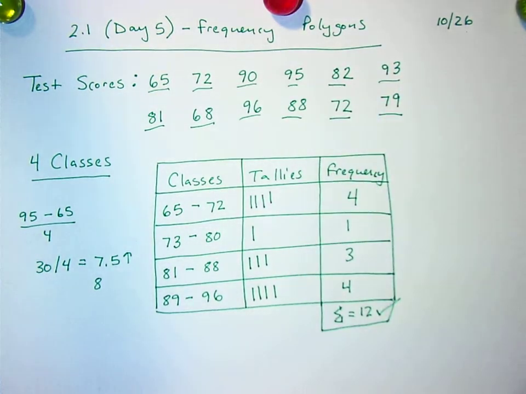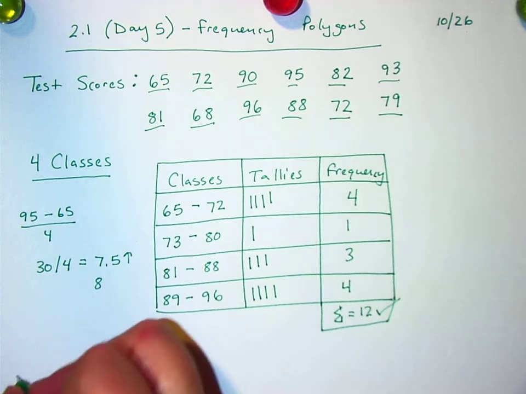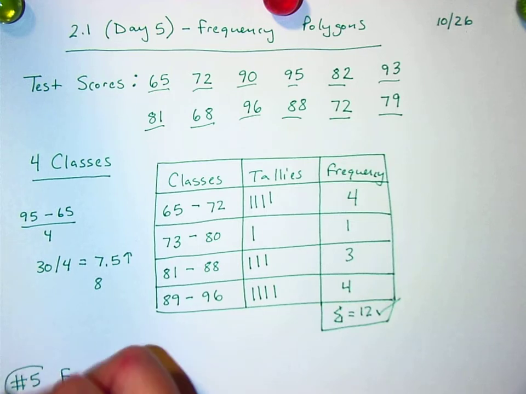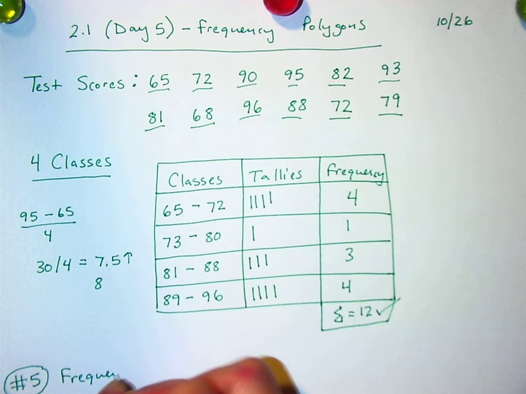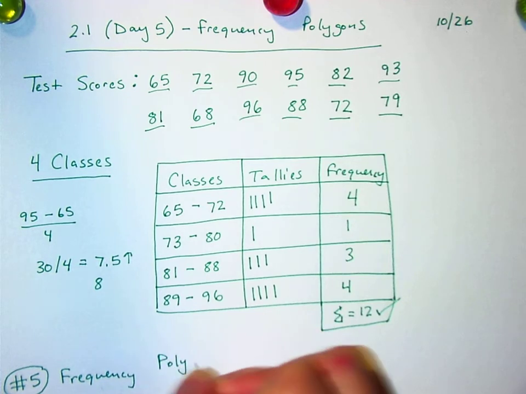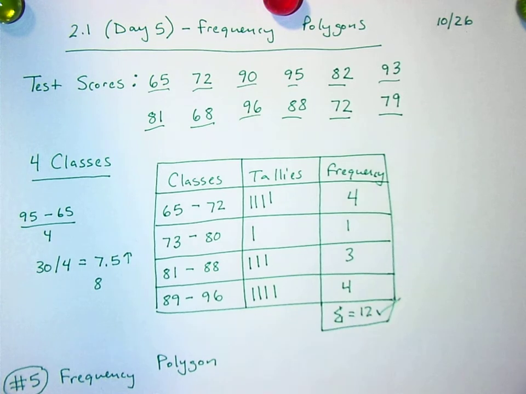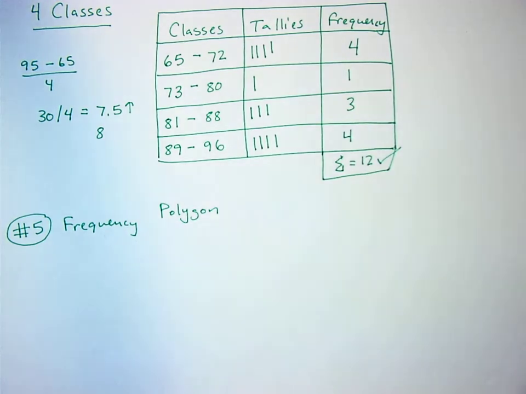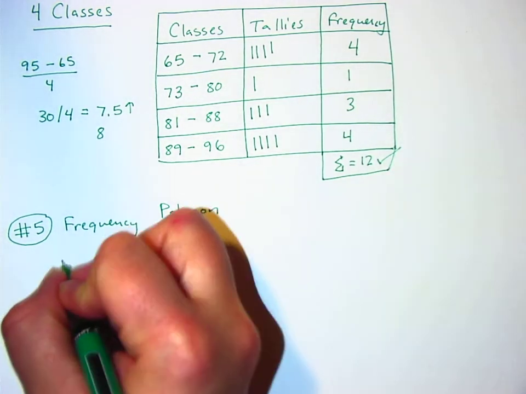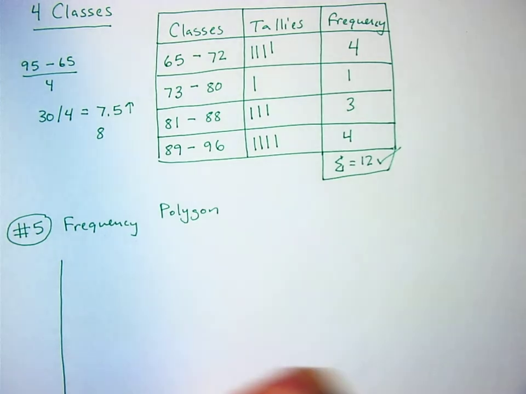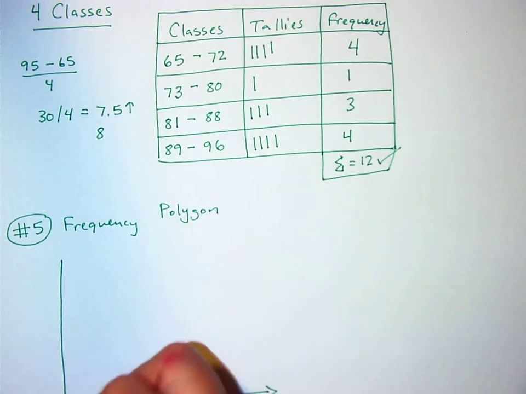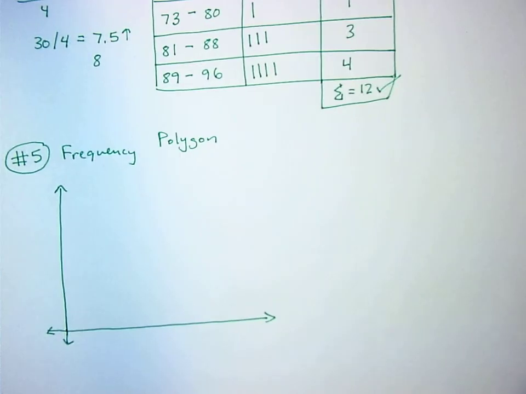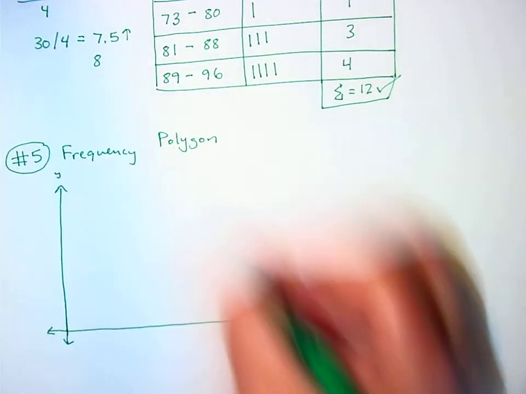Okay, so now we're going to make a frequency polygon, and I'm going to write down some notes over here like I normally do. So this is graph number 5, a frequency polygon. Okay, so I'm going to make a normal looking positive quadrant here. The Y here, the X here.